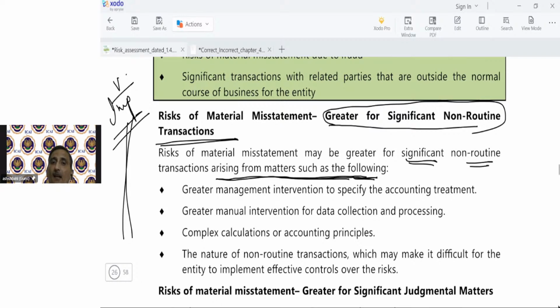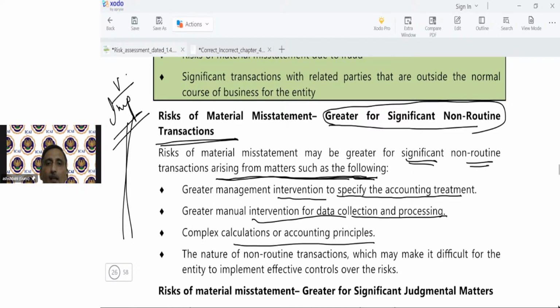Like greater management intervention to specify the accounting treatment, greater manual intervention for data collection, complex calculations. So these are the examples. If there are complex calculations or some application of contentious accounting principles is involved, then there could be a greater chance of material misstatement.